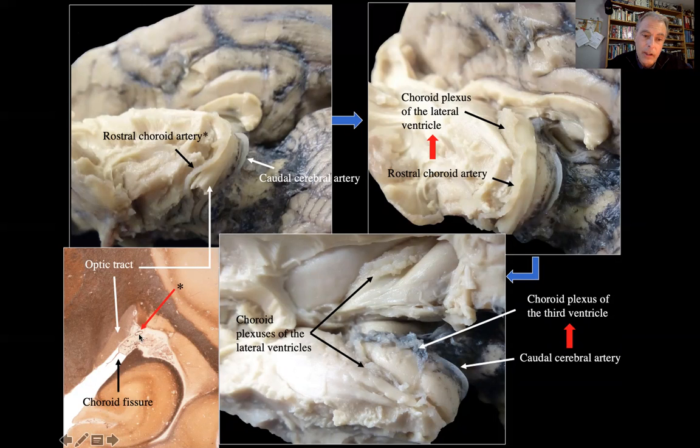Here is marked the rostral choroid artery that is surrounded by choroid plexus of the lateral ventricle. So remember these structures: choroid plexuses of the lateral, choroid plexuses of the third.